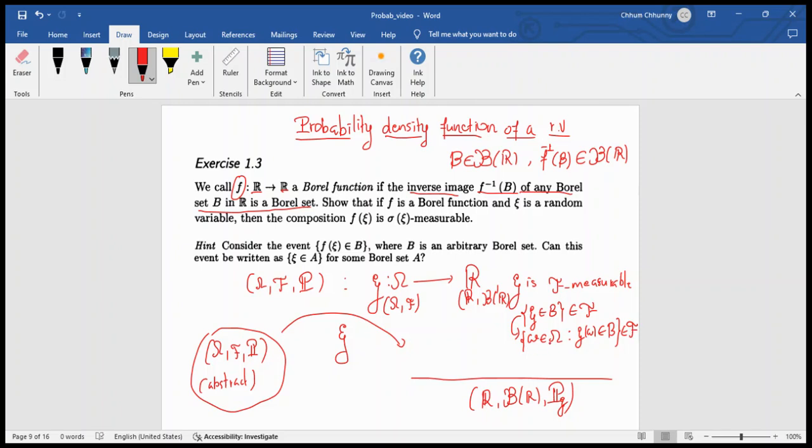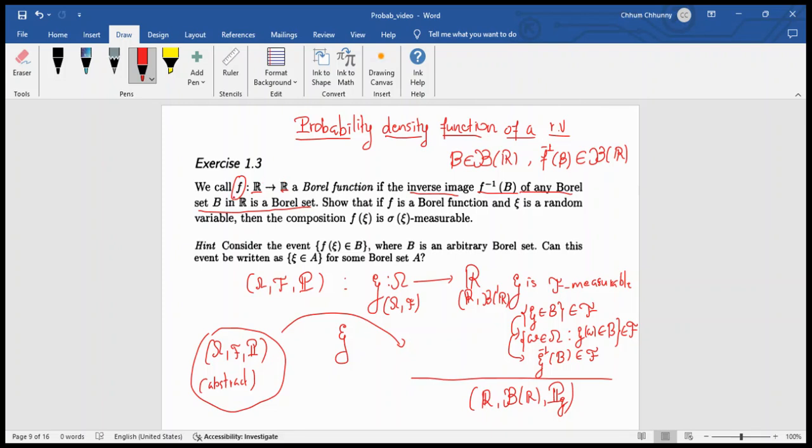We can also write it in another form: psi is measurable if the inverse image of B under psi belongs to the sigma algebra F. So the Borel function, we can call it a Borel measurable function.